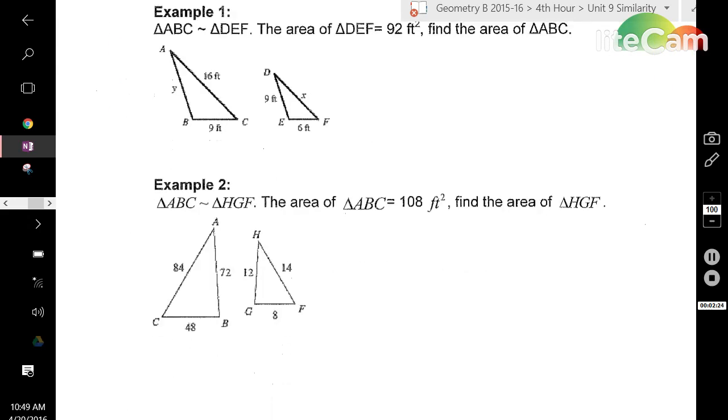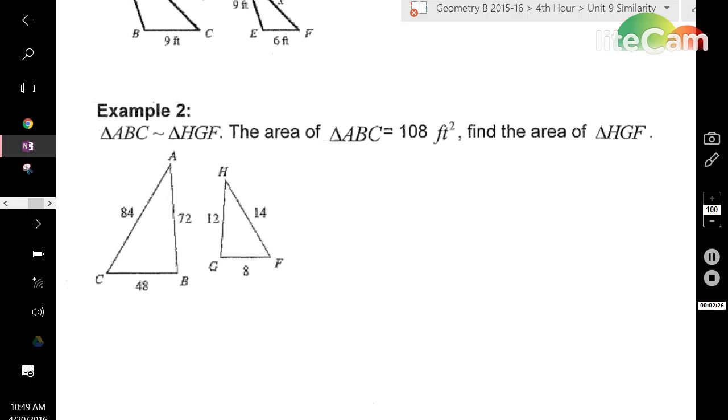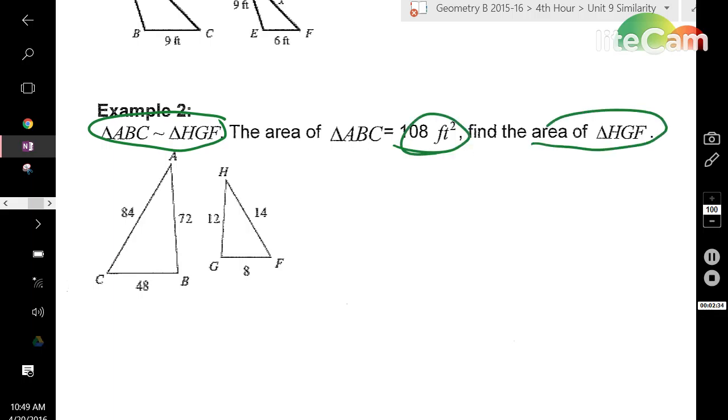So, looking at this example here, they tell you that the two triangles are similar. They tell you the area of triangle ABC is 108 square feet. Find the area of triangle HGF. Start with the question. What are they asking us to find? They're asking us to find an area. In order to find an area, I need to find the area ratio.